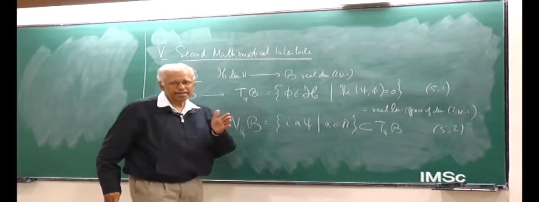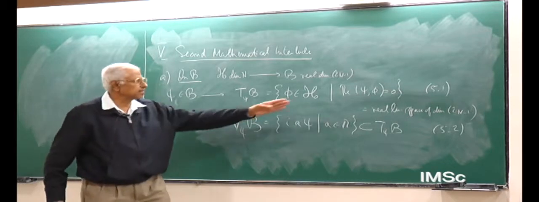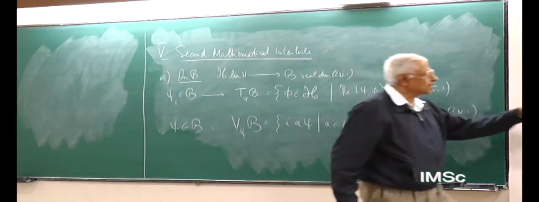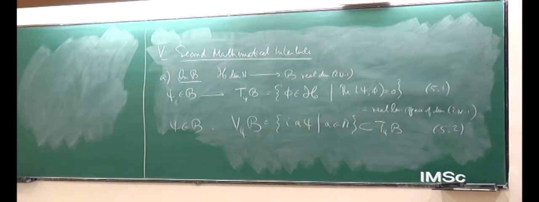You cannot regard it as a complex linear space because this condition would be violated. The horizontal subspace, however, is also a complex vector space because it is a subspace of Hilbert space orthogonal to psi. So this is a linear space of complex dimension, how much?